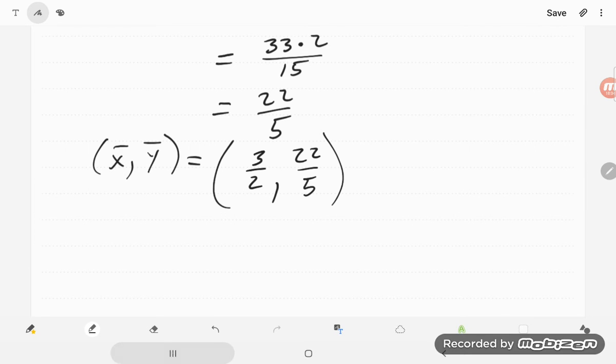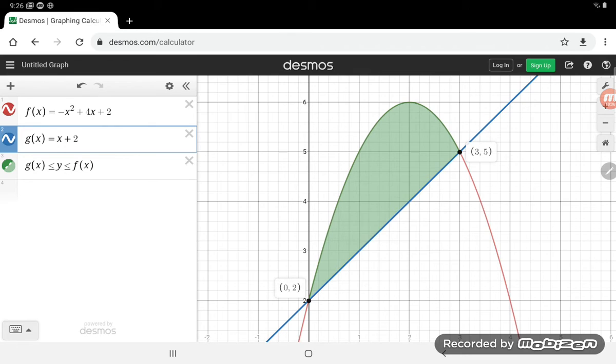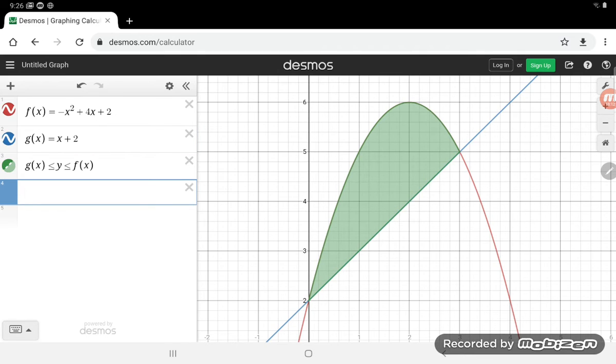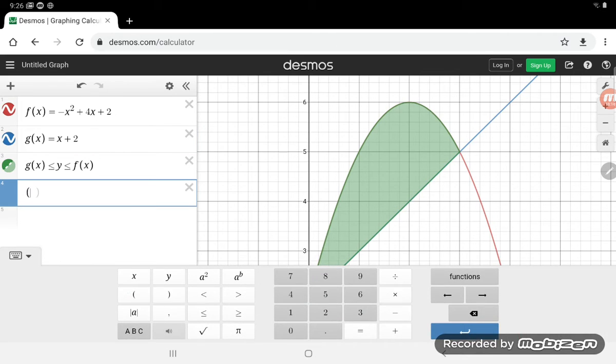So we can go here and we can just plot that point. 22 divided by, what was it? 22 divided by 15?